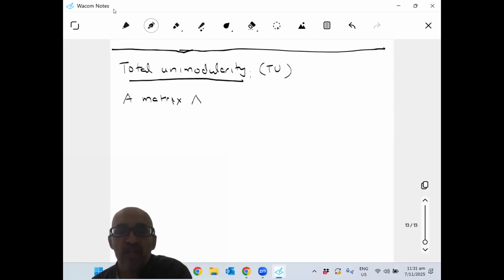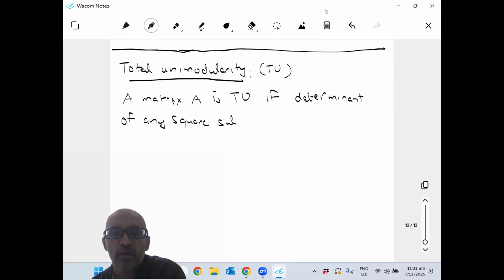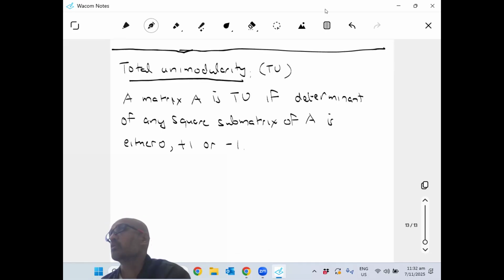Matrix A is totally unimodular if the determinant of any square submatrix of A is either 0, +1, or -1.